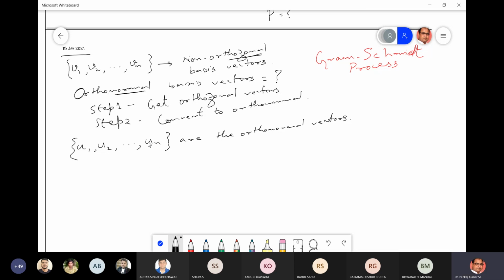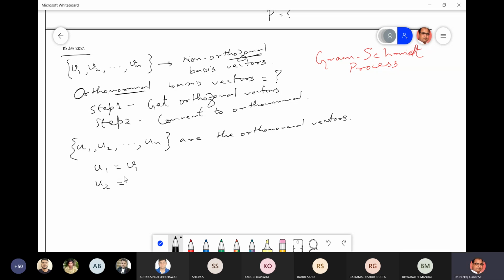So the very first step in step one is to take any one vector as a part of the orthonormal vectors. Let me start from the first one. So let us take u1 is equal to v1. Then we will find out what u2 is.